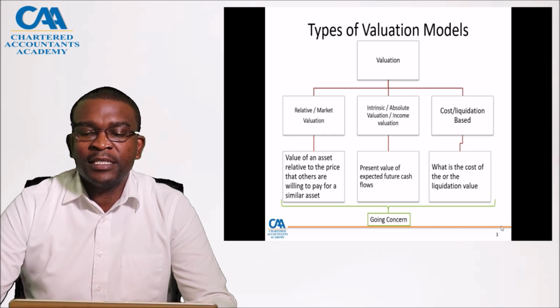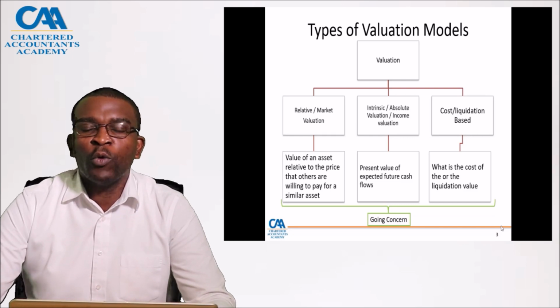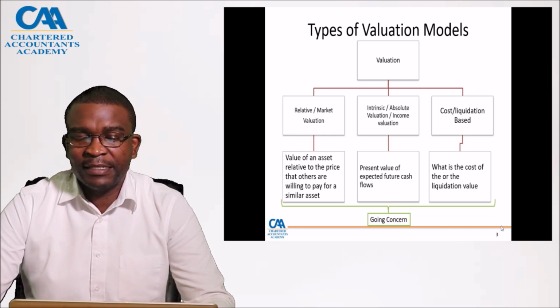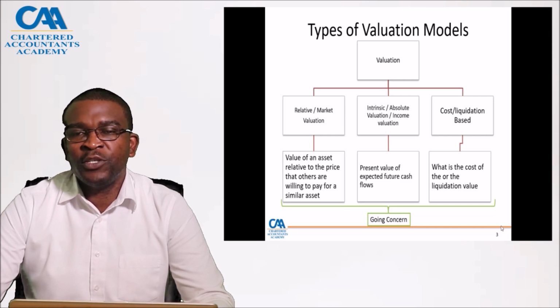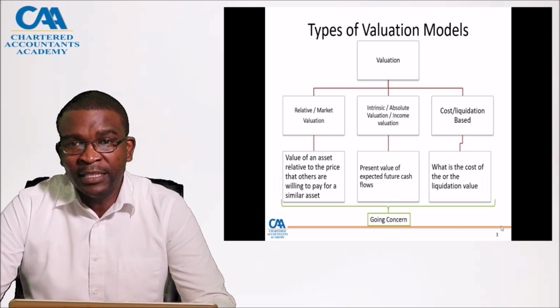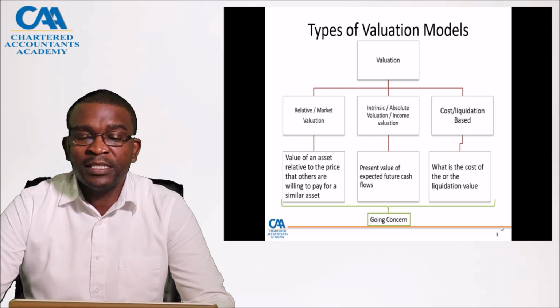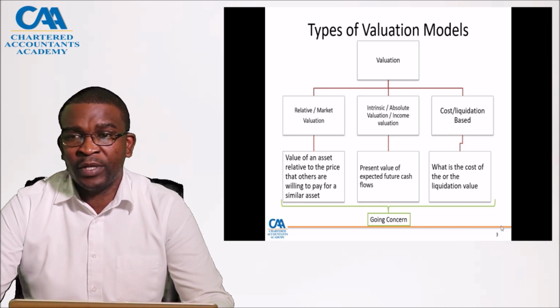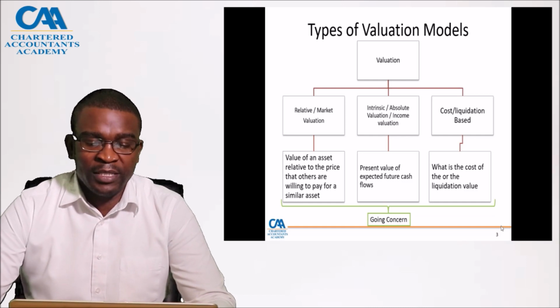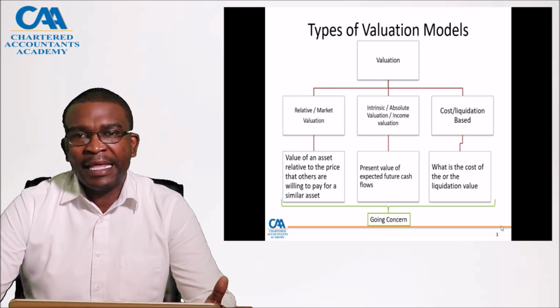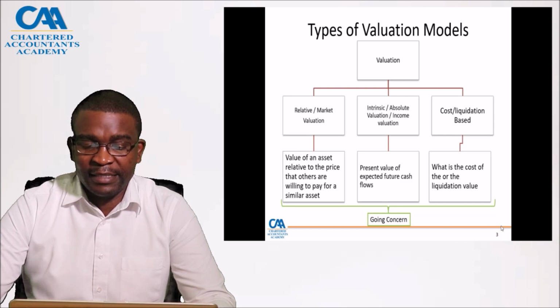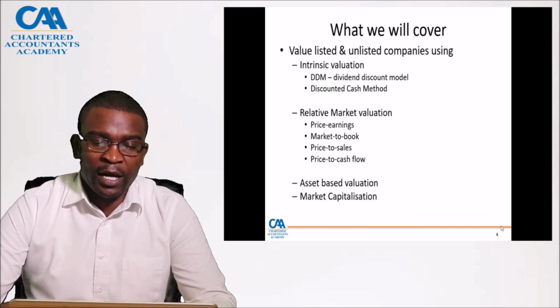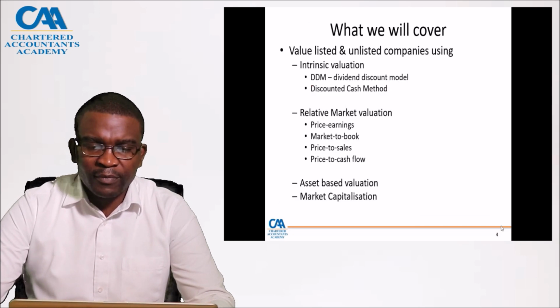The last but not least is the cost or liquidation-based valuation technique, which is the cost that you are sitting on in your balance sheet for the assets. We call this liquidation value because it looks at the value of the assets individually, and normally this happens in a liquidation or sale. However, the underlying assumption that we're going to make in this case is that the businesses are ongoing. I've got a going concern.